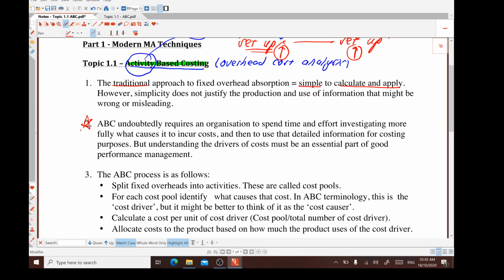Now, activity-based costing undoubtedly requires an organization to spend time and effort investigating more fully what causes it to incur the cost. The causes of the cost, that is what we call the cost driver. So it's mainly because of the cost driver. Here comes the cost, and that's the cost pool.